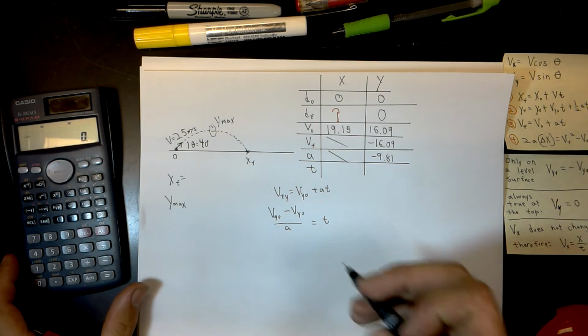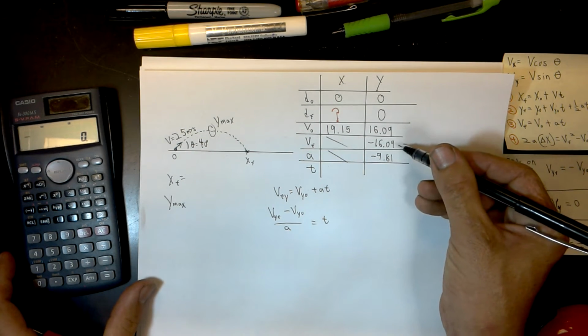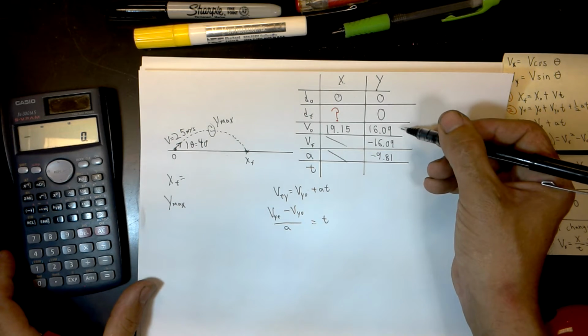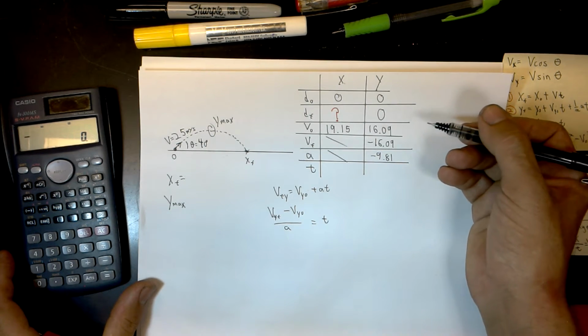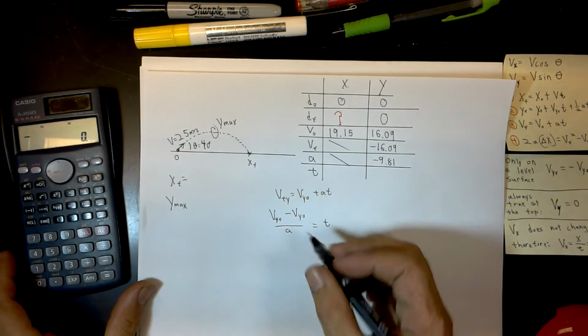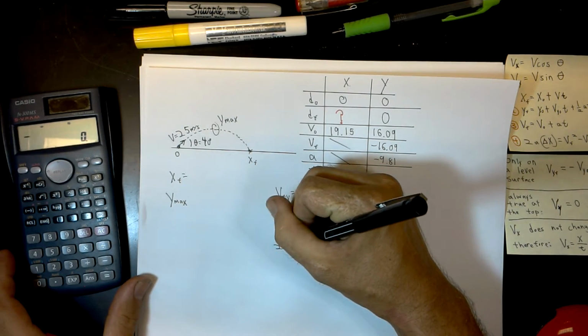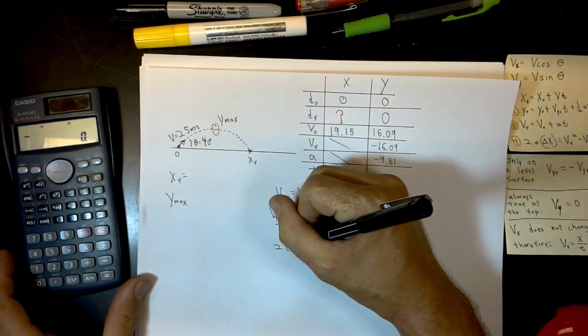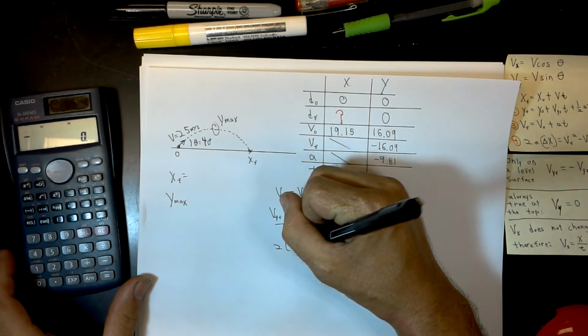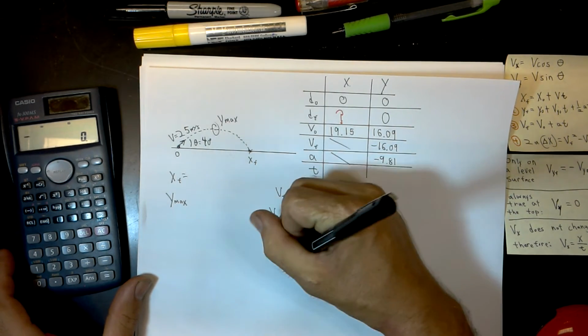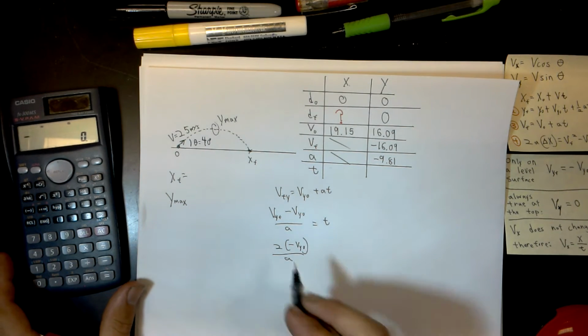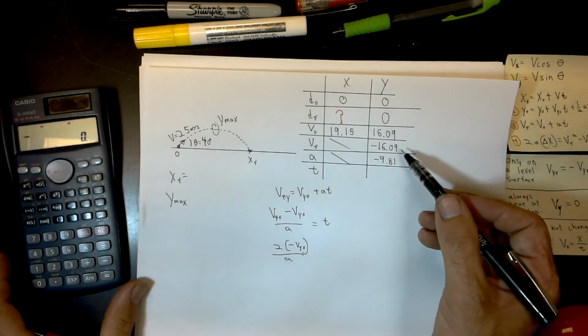Plugging in numbers gives me negative 16.07 minus 16.07, which gives you a negative 32.14. You could say, since these are equal, you could simplify this and simply say 2 times negative VYO divided by the acceleration. And that's because V final equals a negative VYO.